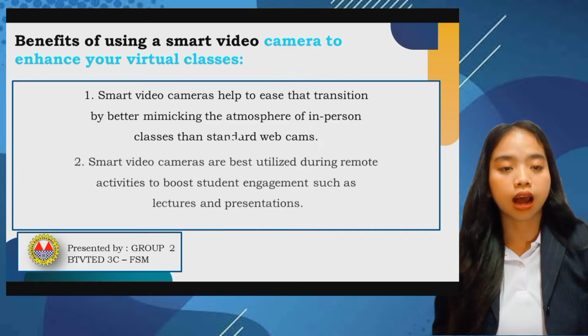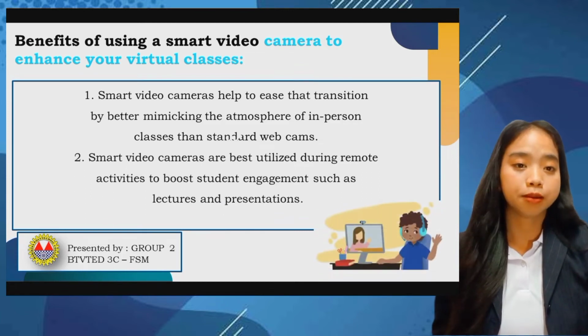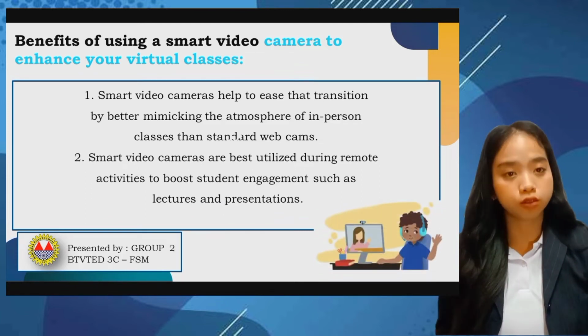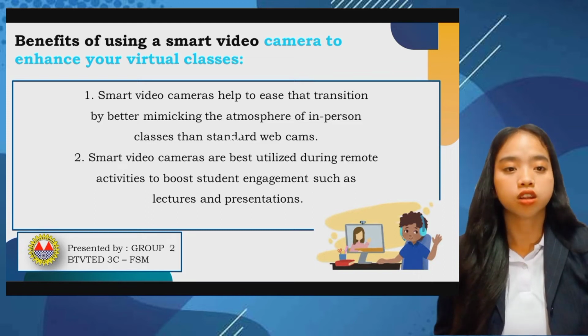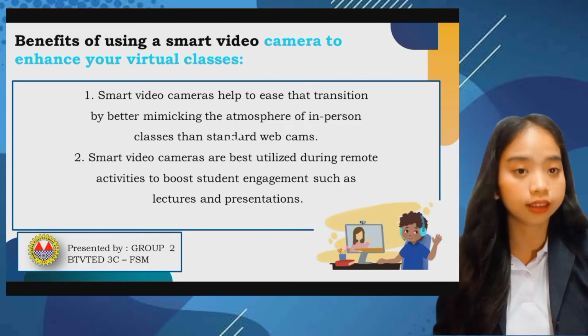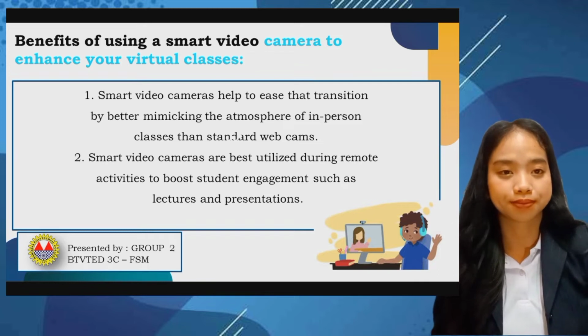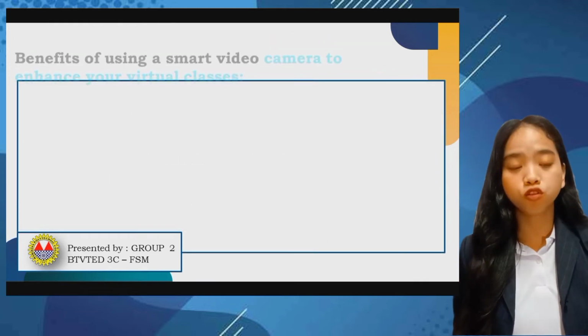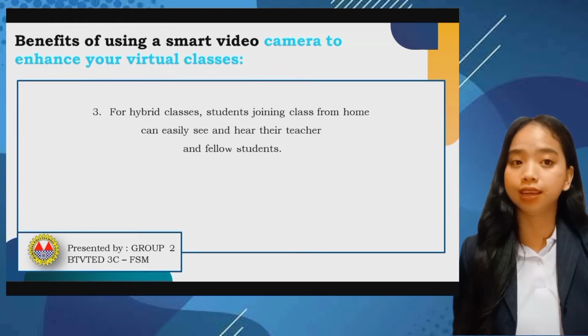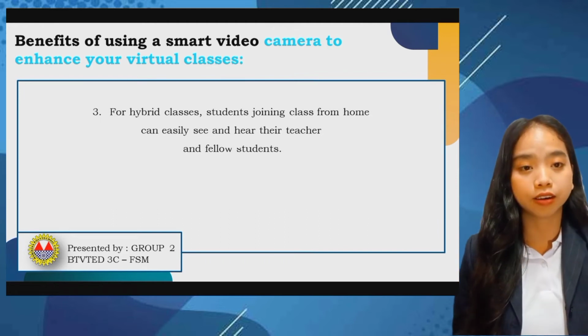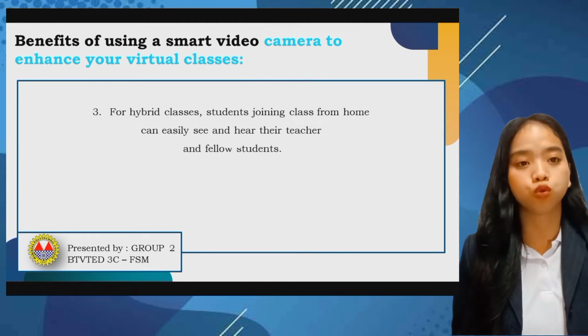Smart video cameras are best utilized during remote activities to boost students' engagement, such as lectures and presentations. For hybrid classes, students joining from home can easily see and hear their teacher and fellow students.